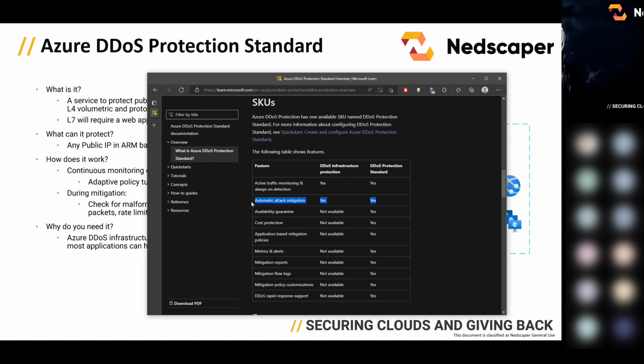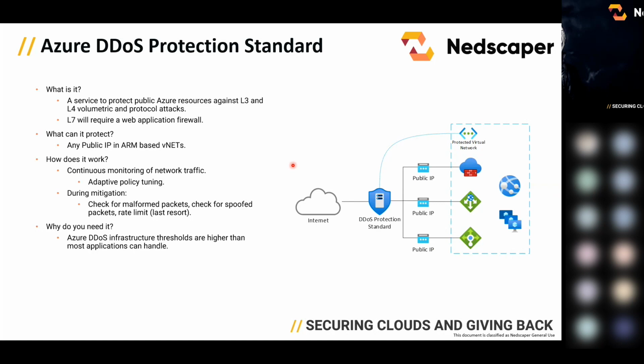So it says both that there is automatic mitigation happening. The thing is, though, that for the infrastructure plan, the thresholds are significantly higher than the resources that you are going to be hosting in the Azure cloud. Those infrastructure thresholds are not made to protect you, but they're meant to protect the Azure fabric itself.